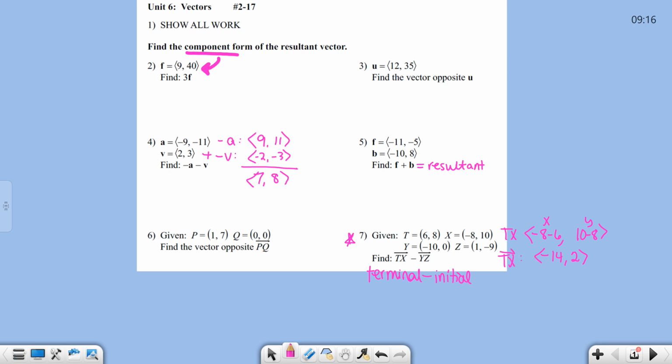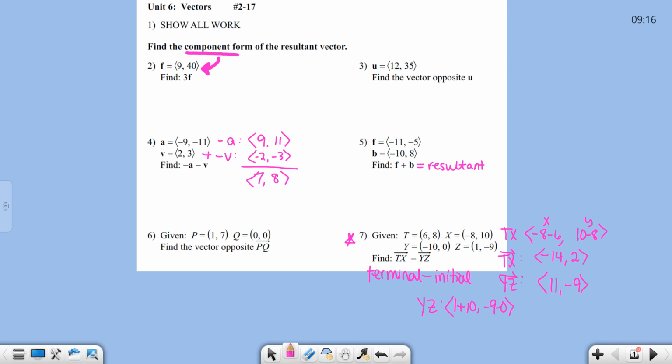Okay, do the same thing for yz. So vector yz is going to have components of 1 minus negative 10, and then negative 9 minus 0, giving us vector yz as being 11, negative 9.